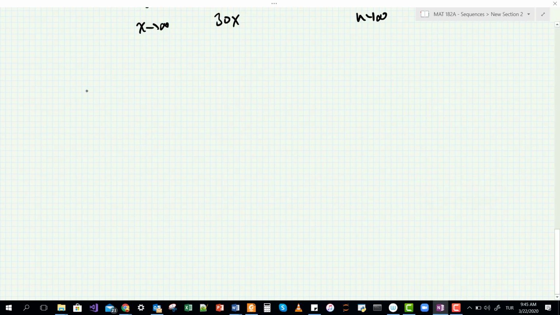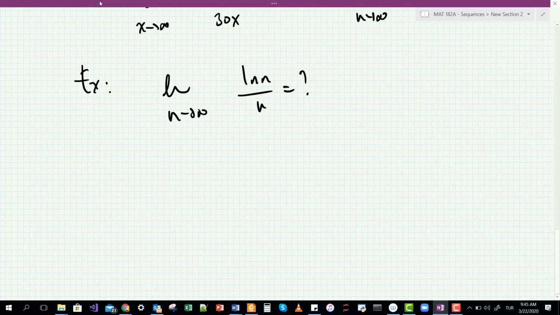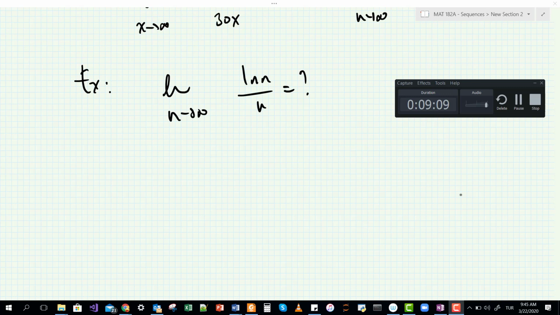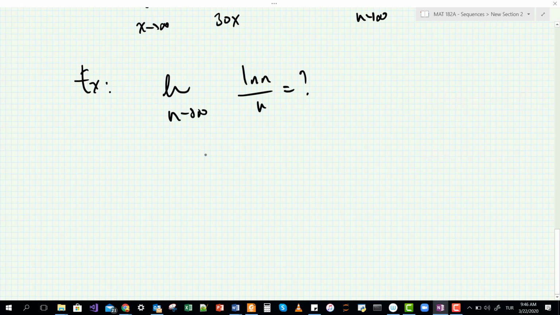Another example. The limit when n goes to infinity of ln n over n. When I solve this type of problem, first I need to see what's going on here. When n goes to infinity, ln n goes to infinity.